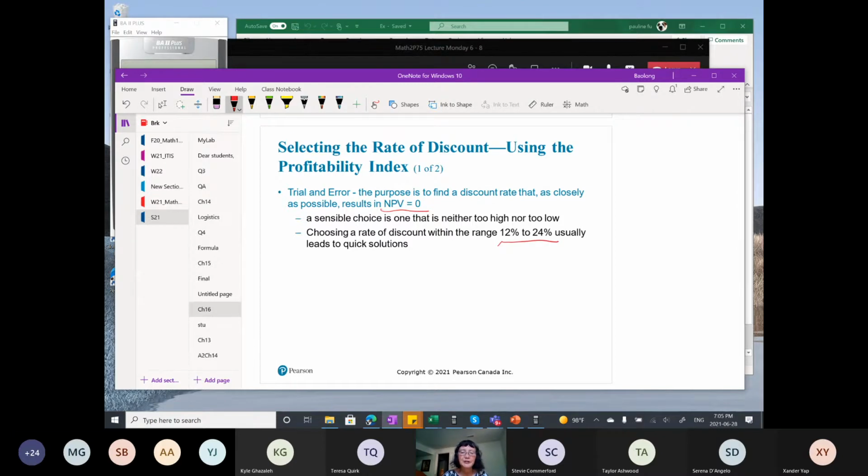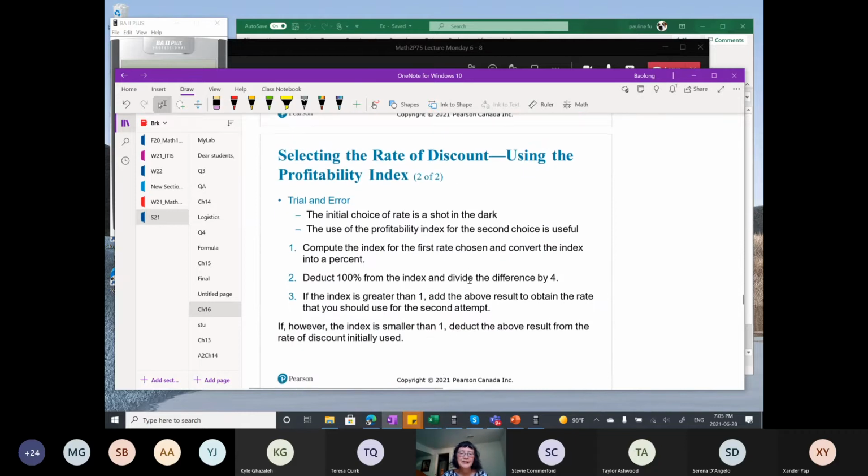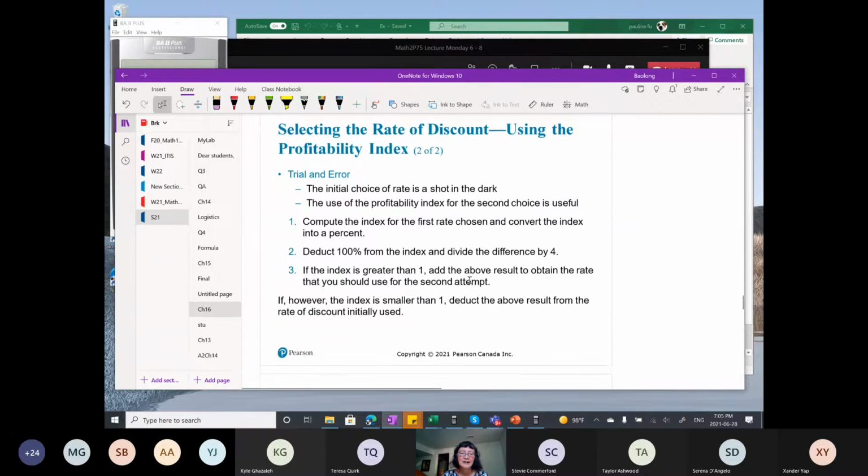You can start at any percent, but most often the discount rate will be between 12 and 24. When you use trial and error, you follow these steps, step 1, 2, 3. I'm not going to introduce them now, but I will use the example to introduce these 3 steps.